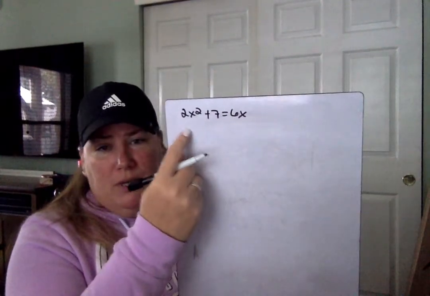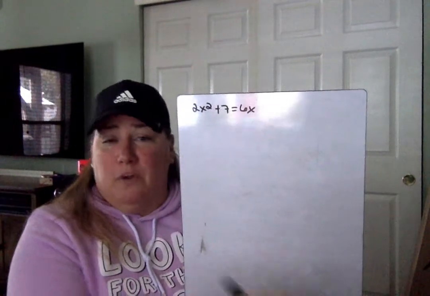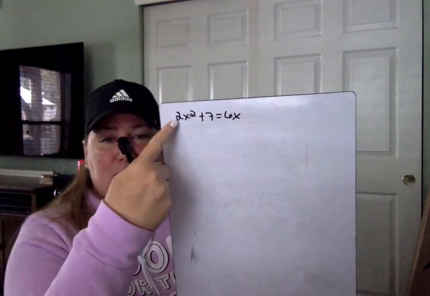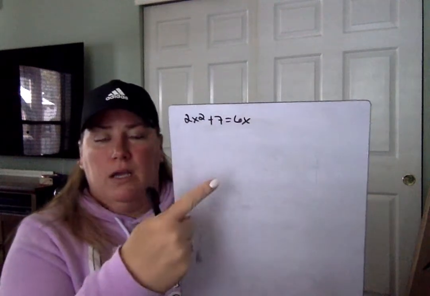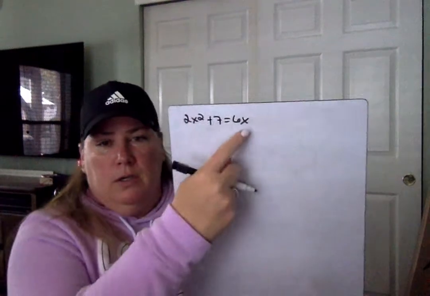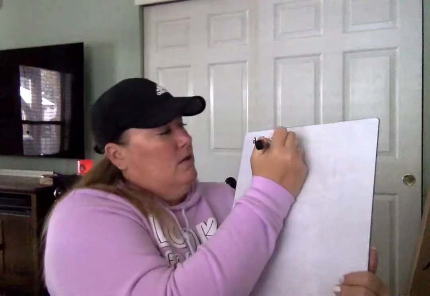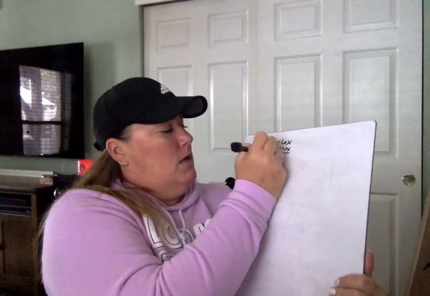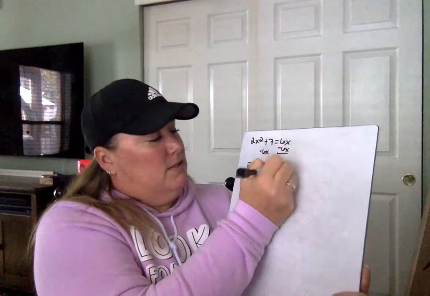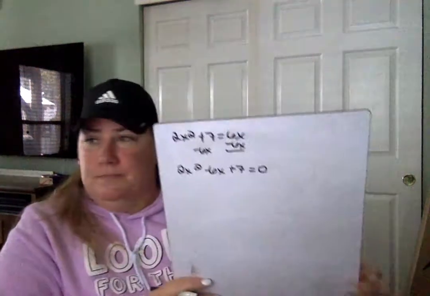You could move 2x squared or 7, but I always look to have a leading coefficient that's positive, or to move the smallest amount of terms. That's what I look for. Let's move 6x, so we're going to subtract it. So I have 2x squared minus 6x plus 7 equals 0.